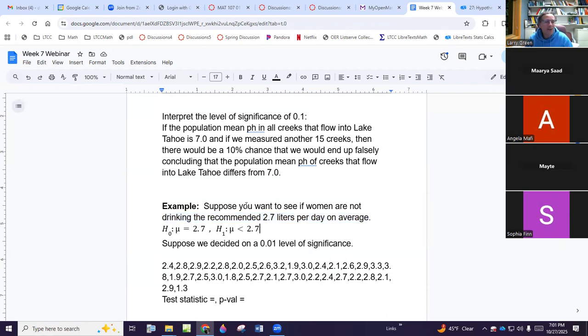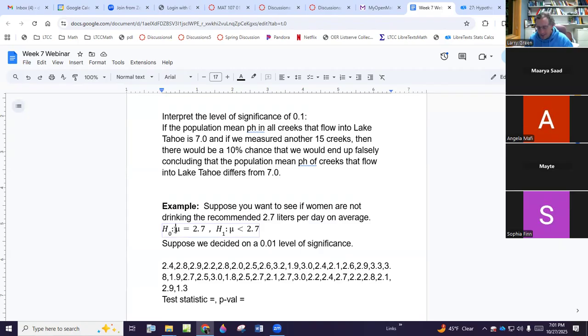Okay, so notice this is also about a mean because it's the mean amount of liters a day that women drink. H naught, that's the null hypothesis, colon, is mu, because now you're going to ask, how much water are you drinking each day?